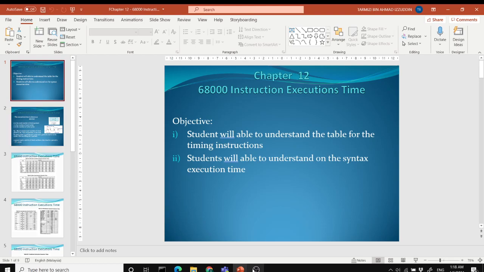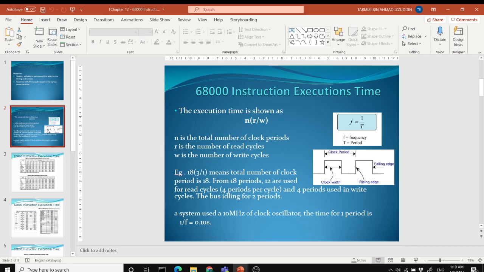Let me just check whether I'm recording or not. Okay. So the 68K instruction execution time, you can get the execution time for a particular command in your 68K assembly programming, and it is written in the datasheet.